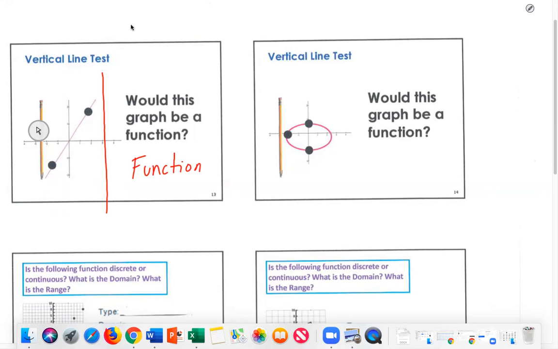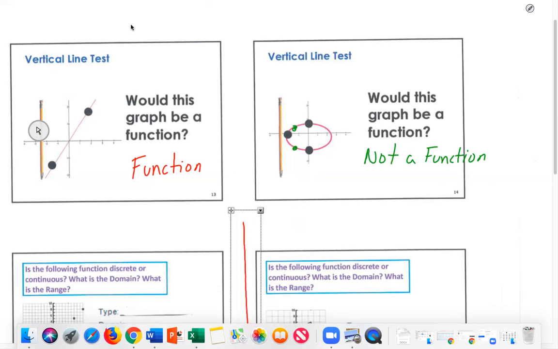But let's go look at this circle over here. Notice when I take my vertical line and drag it across, whoa, danger, Will Robinson, danger, danger. Notice my vertical line touches right there, not a function. No bueno.